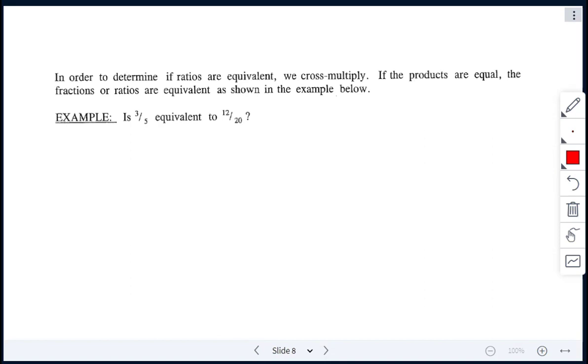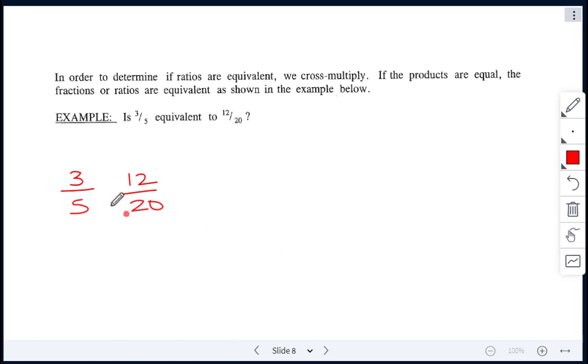Next we're just going to look at a method called cross multiplication. In order to determine if ratios are equivalent, we can simply cross multiply. If the products are equal, the fractions or ratios are equivalent. So let's say we have these two, 3 over 5 and 12 over 20. Are they equivalent ratios?